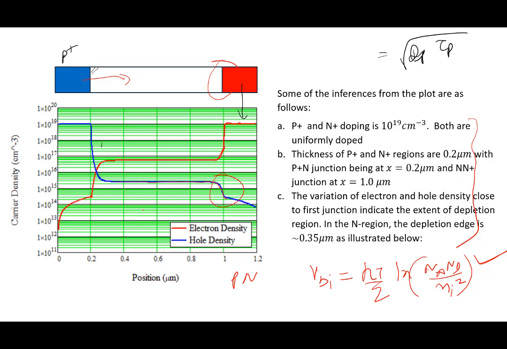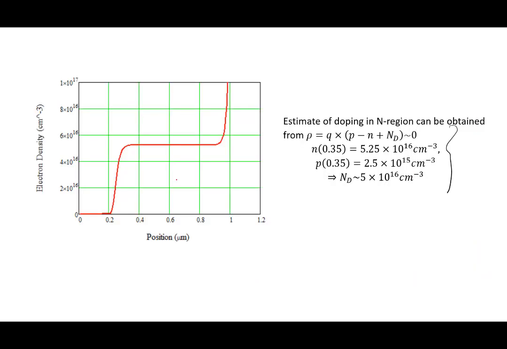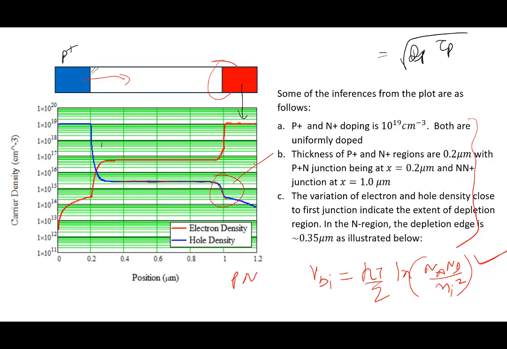What's the reason for it? I've not plotted it, but if you plot hole density, you would see it constant and then reducing. Why is it occurring here?